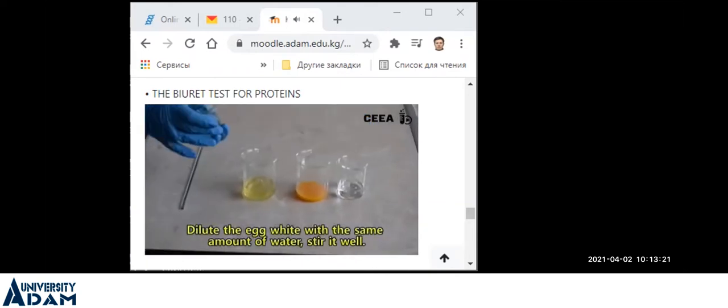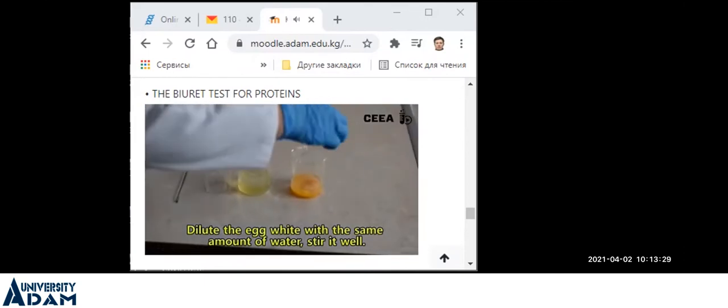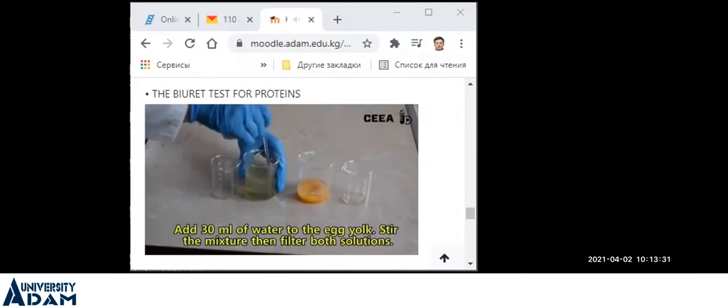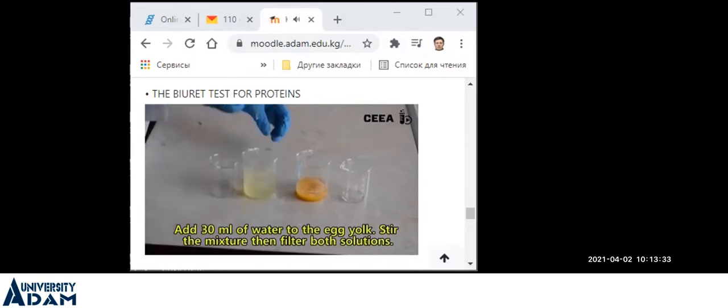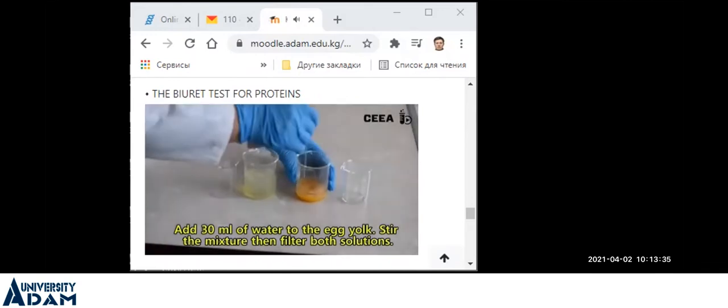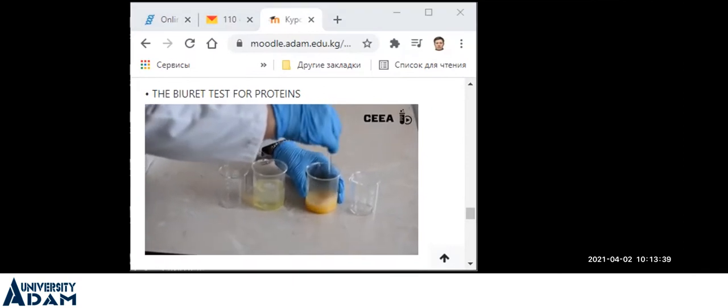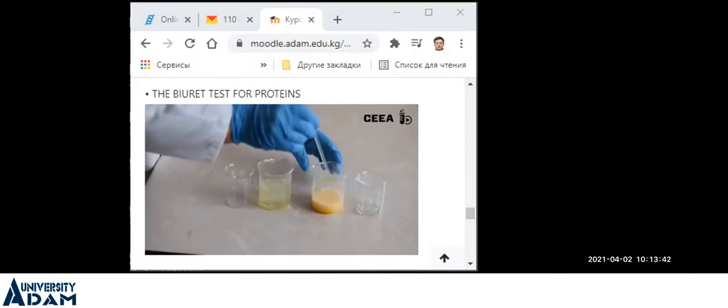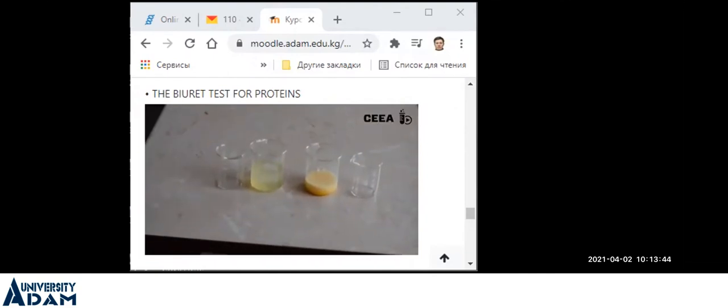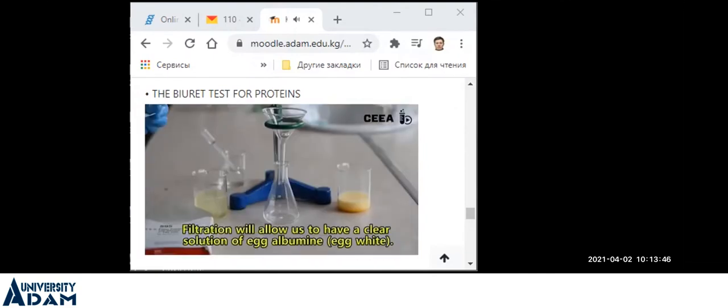Dilute both with water to make protein solutions. Stir them to ensure homogenization. Filter both mixtures.